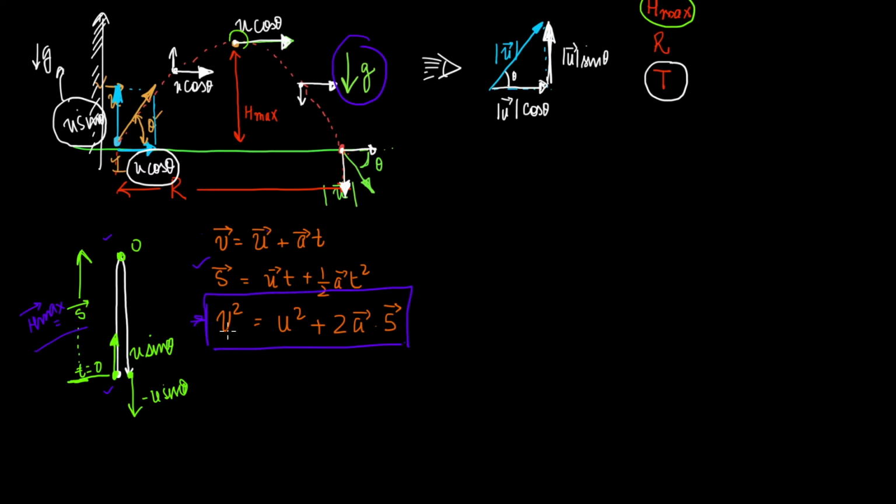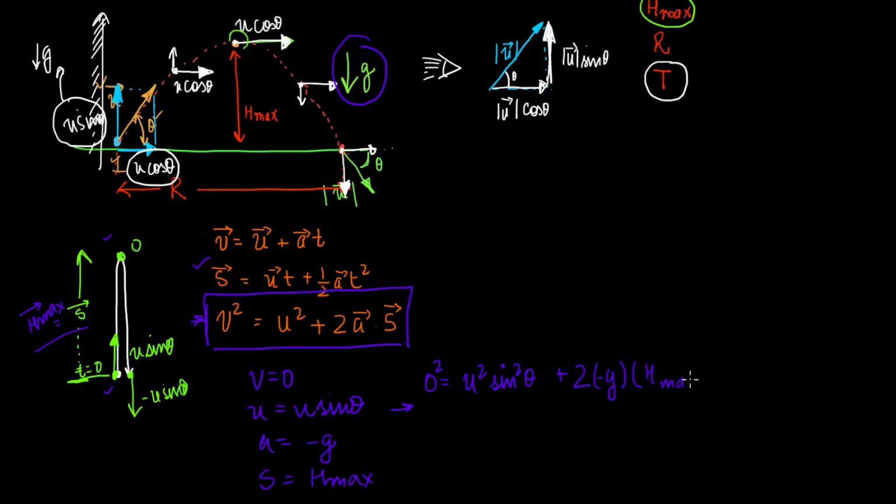All right, so at the point where v is 0, u is u sine of theta, a is minus g, and s is h max, then if we use this equation, we get 0 square equals u square sine of theta square plus 2 times g with the minus sign times h sub max.